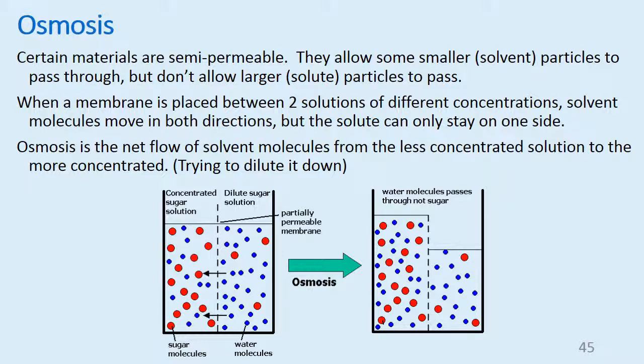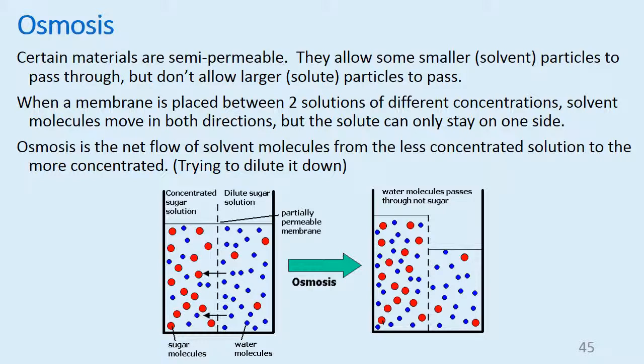Well, when that happens, since it's only the water that can move, the left-hand side solution will rise and be higher than the right-hand solution. So it's diluting it down, but also the water moves up. And so you see sort of uneven volumes of liquid on the two sides of the membrane.